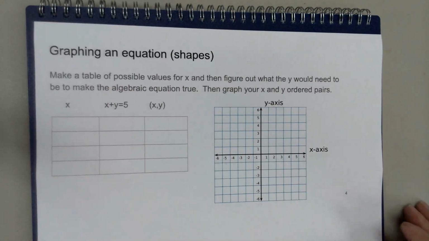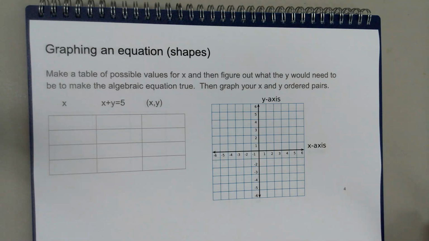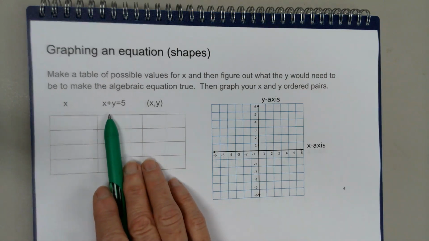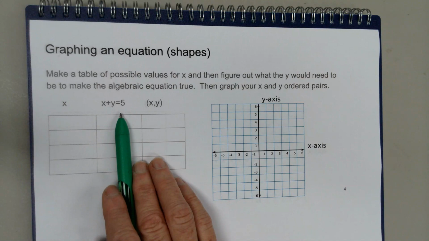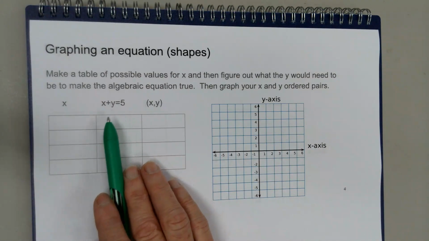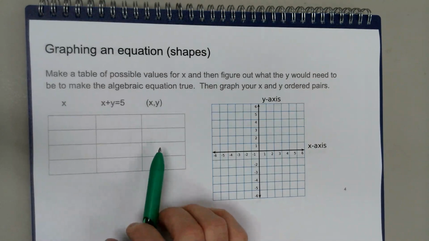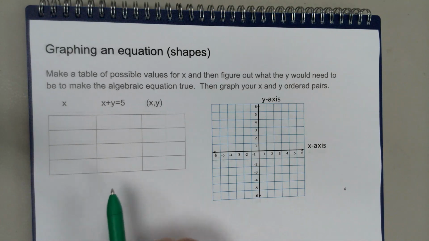Not only are you graphing points, but you're also graphing equations or shapes. Up to this point, we've just graphed random points, but let's say they give me this equation, x plus y equals 5. I need to pick some values for x and then figure out what the y values would be to make it true.